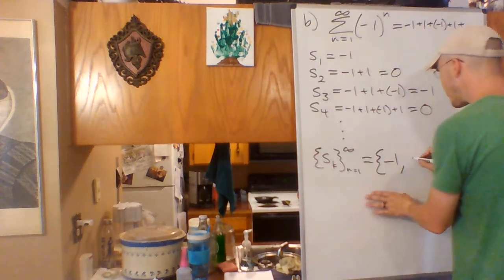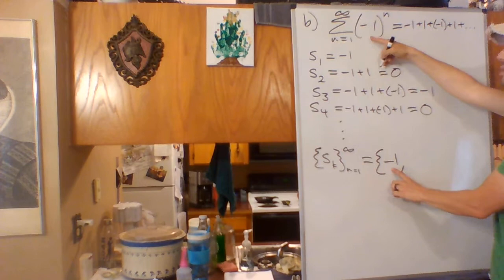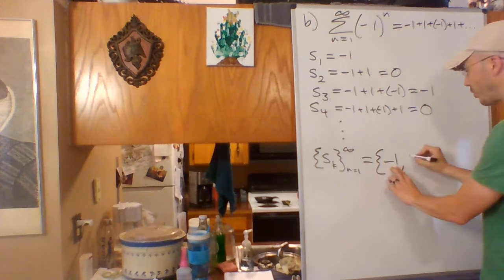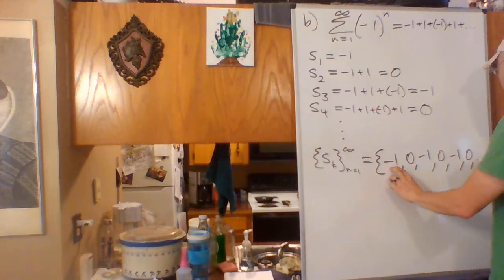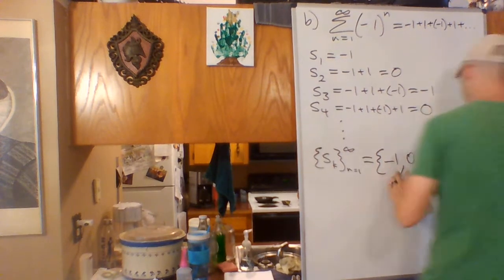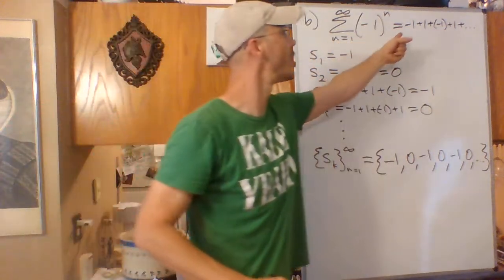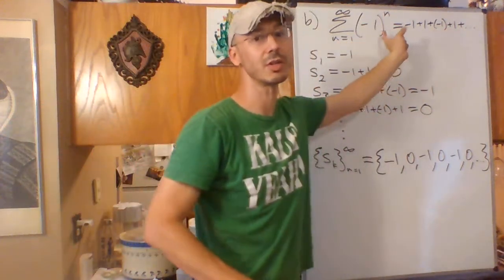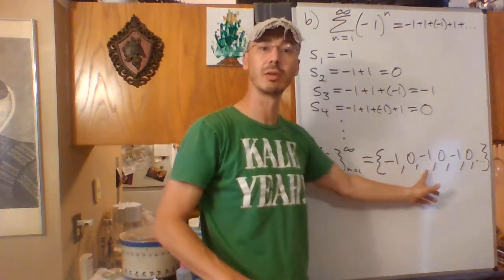These numbers are negative 1, 0, negative 1, 0, negative 1, 0, etc. They keep going back and forth, not between negative 1 and 1, like the original series terms, but the partial sums go back and forth between negative 1 and 0.